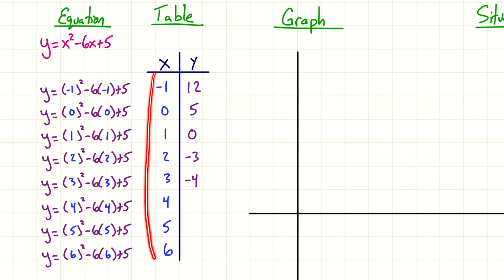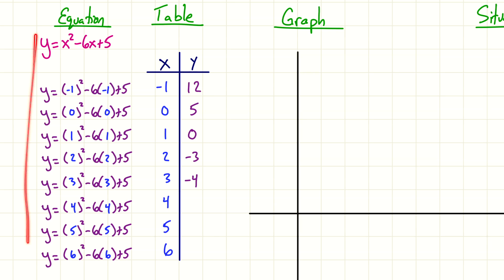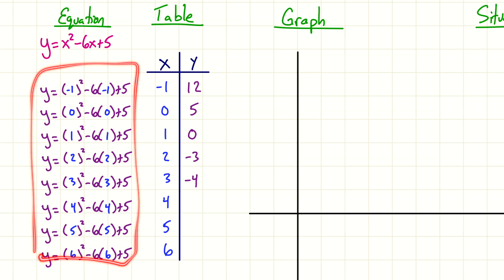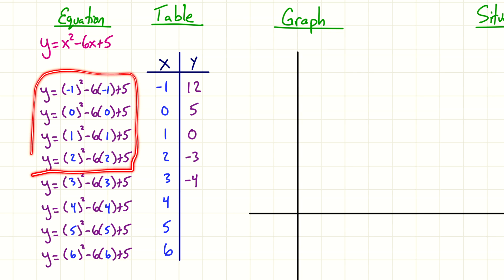And so as I plug in all these numbers, you will notice it'll end up giving you different y values, which I've started to fill in for us. So again, make sure when you're copying this down in your notes, definitely include, if you don't want to write all these out, that's fine. I would at least encourage you to write a few of these out, just so you know how these y values came about.